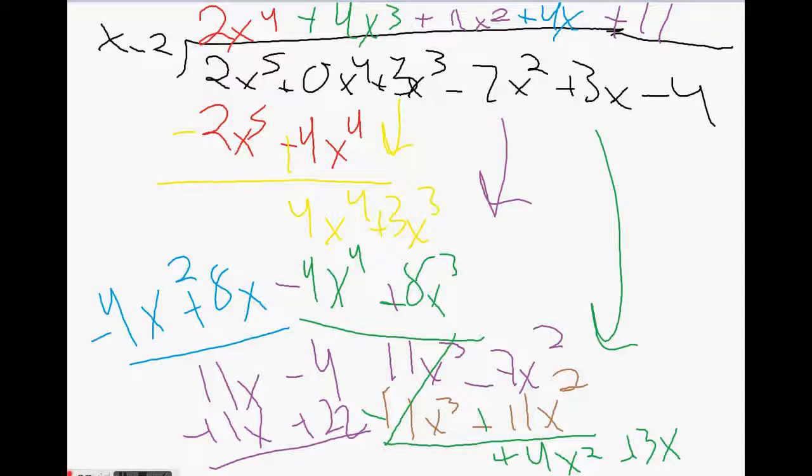Yeah, positive 18 is your remainder. So we have a remainder of plus 18. Alright, that's how you do it. I know it got really, really messy, but that's how you do it. Hopefully I didn't make any simple mistakes.